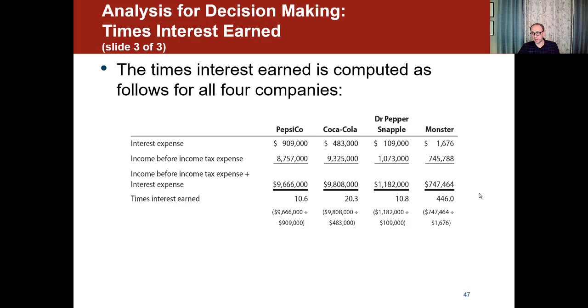Of course, comparing the size of the company, Coca-Cola is a large company, a big name, so lenders would feel okay lending to them. And for the other companies, PepsiCo and Dr Pepper, a ratio of 10.6 or 10.8 is considered to be a high ratio, which is also relatively safe.